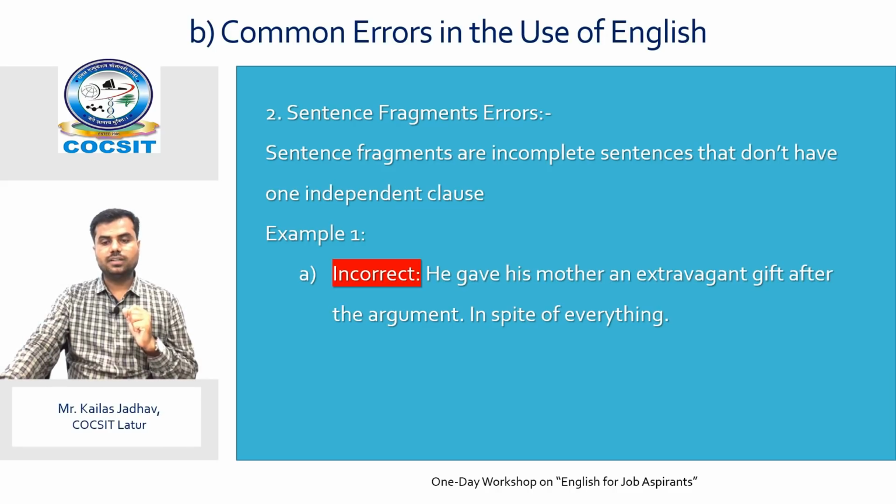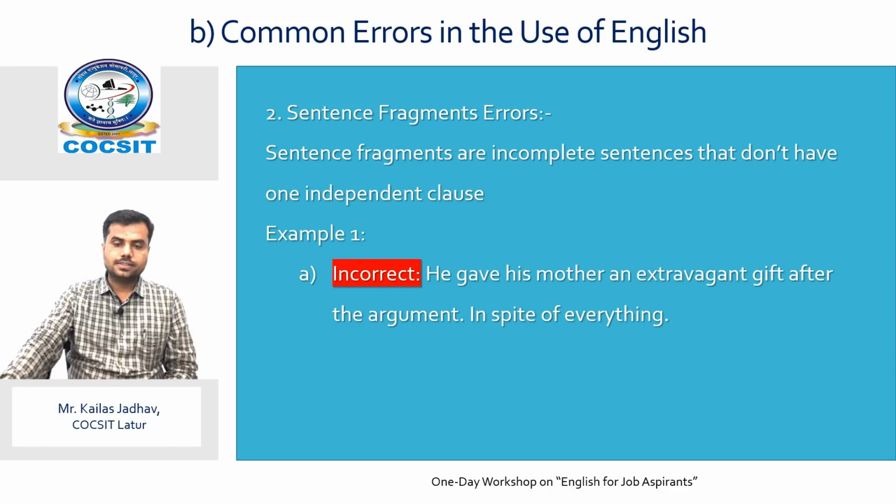He gave his mother an extravagant gift after the argument, in spite of everything. Look at this sentence. He is the subject, gave is the verb, his mother and an extravagant gift are the objects, and after the argument is the adverbial part.